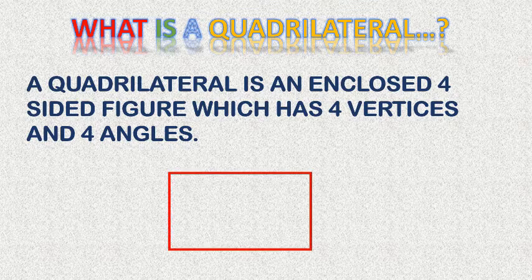This is a rectangle, or you can say a quadrilateral, a four-sided figure which has four vertices A, B, C, D, and it also has four angles: angle A, angle B, angle C, and angle D. So this is the basic definition of a quadrilateral: a figure which has four sides, four vertices, and four angles.